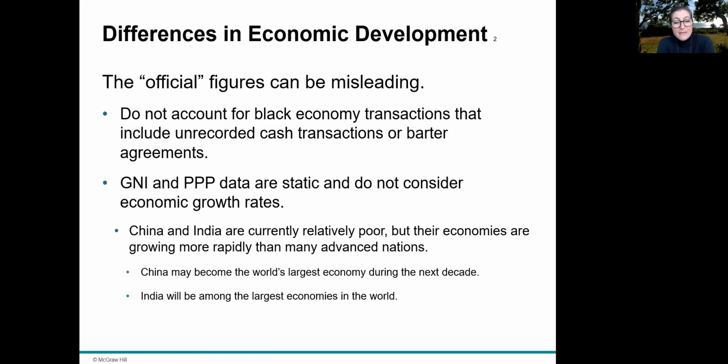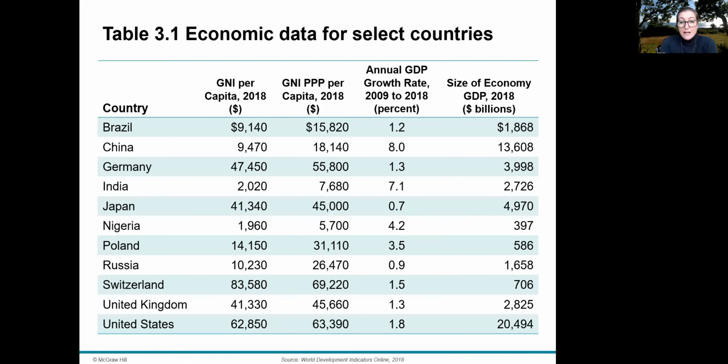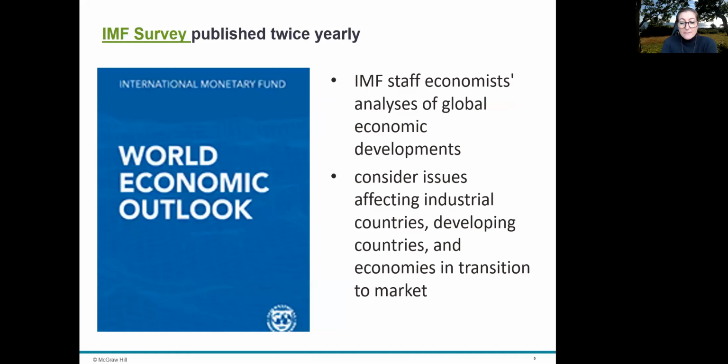So the GNI and the PPP data, we also need to recognize that these are static measures and do not consider economic growth rates. So, for example, as we've just flagged, China and India have high GDP growth rates from 2009 to 2018, China at 8%, India at 7.1%.